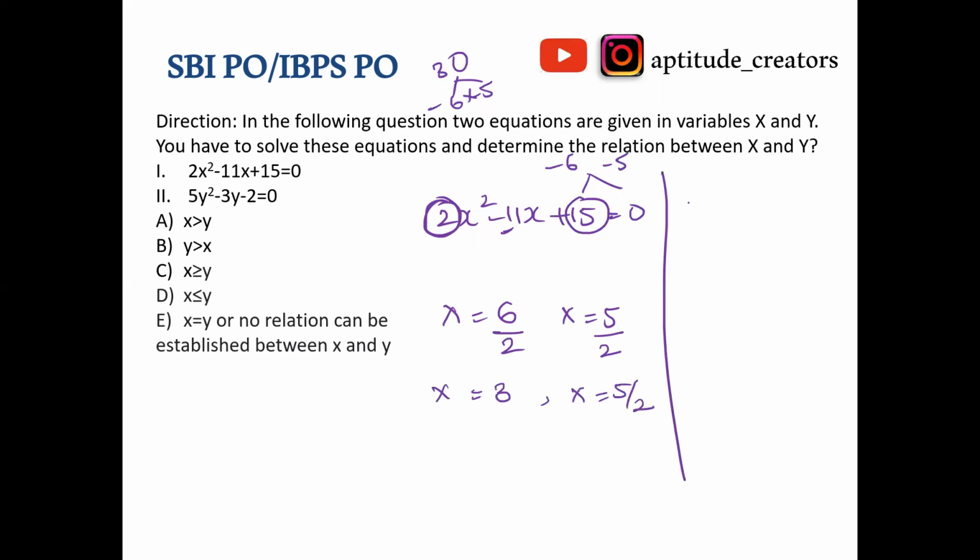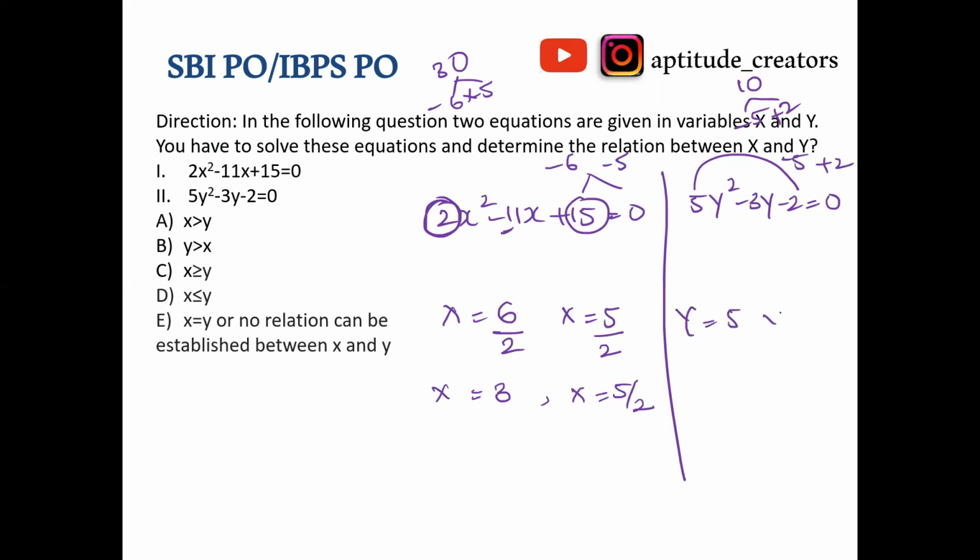Now similarly, 5y square minus 3y minus 2 is equal to 0. Now 5 into 2 is equal to 10. Now how can I split it? Yes, minus 5 plus 2. Minus 5 plus 2, it is giving the result as minus 3. Now here we have to change the signs finally.